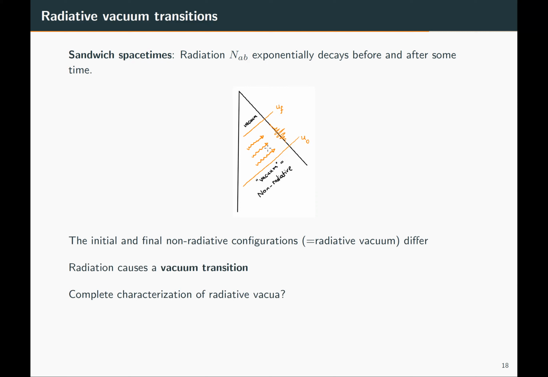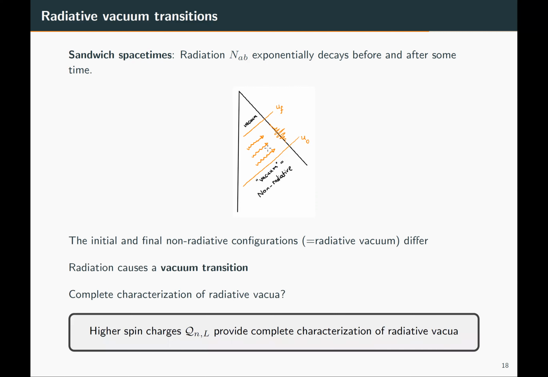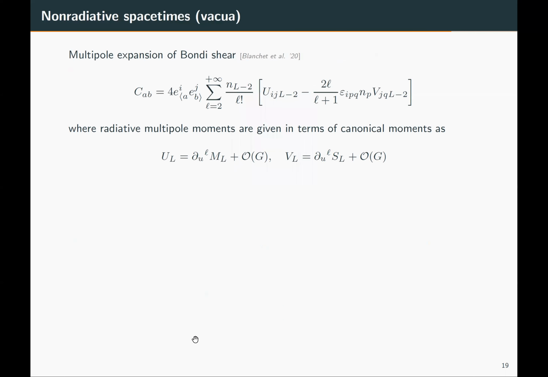Several years ago, Strominger labeled the vacua by a supertranslation field, but now we know, and I will show you, that the gravitational vacuum is much more degenerate than that, and it's actually characterized completely by this set of higher spin charges. So this is what I show next.